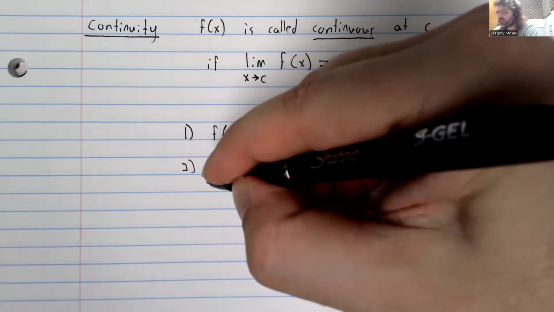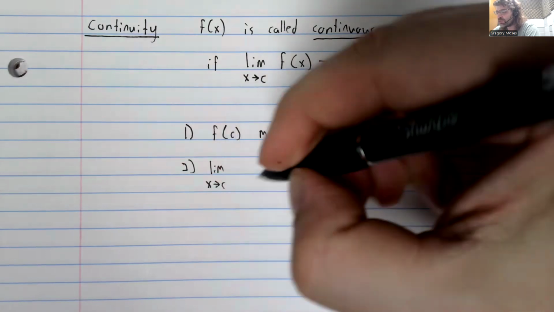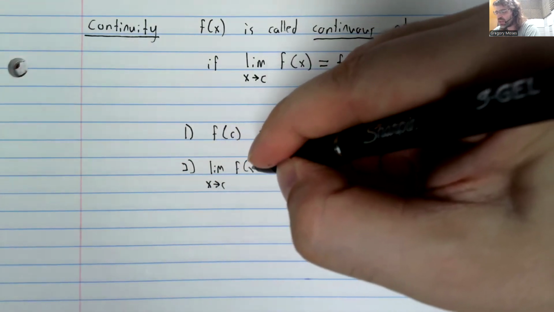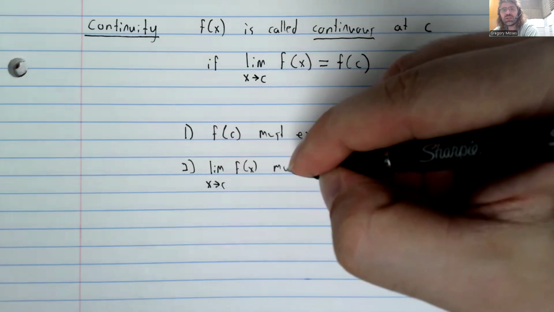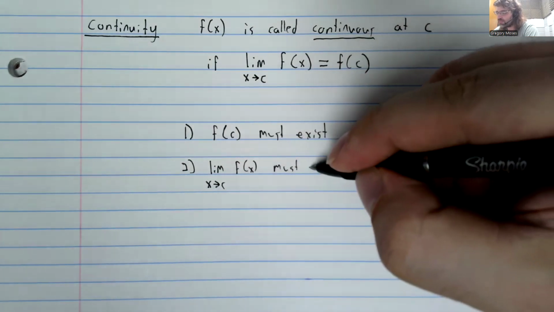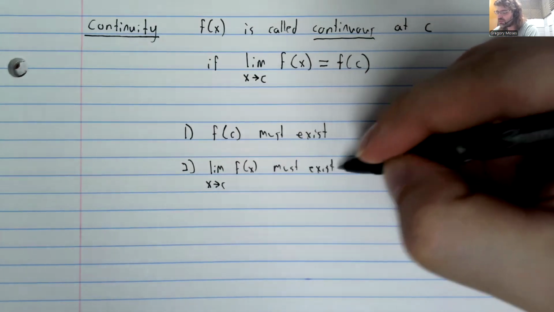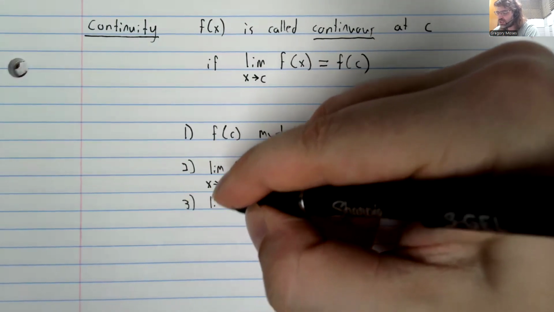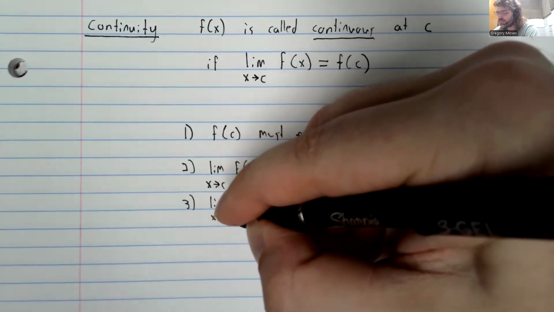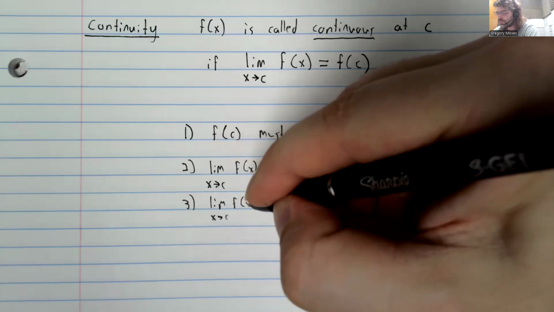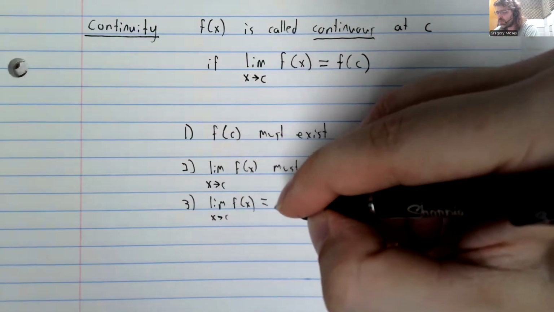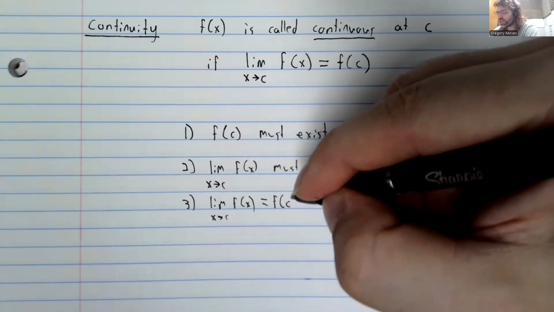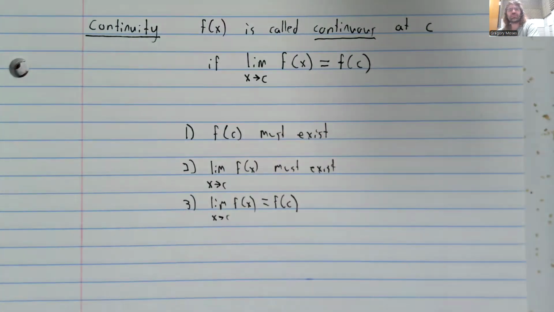The limit as x approaches c of f of x must exist, and the limit has to equal f of c.